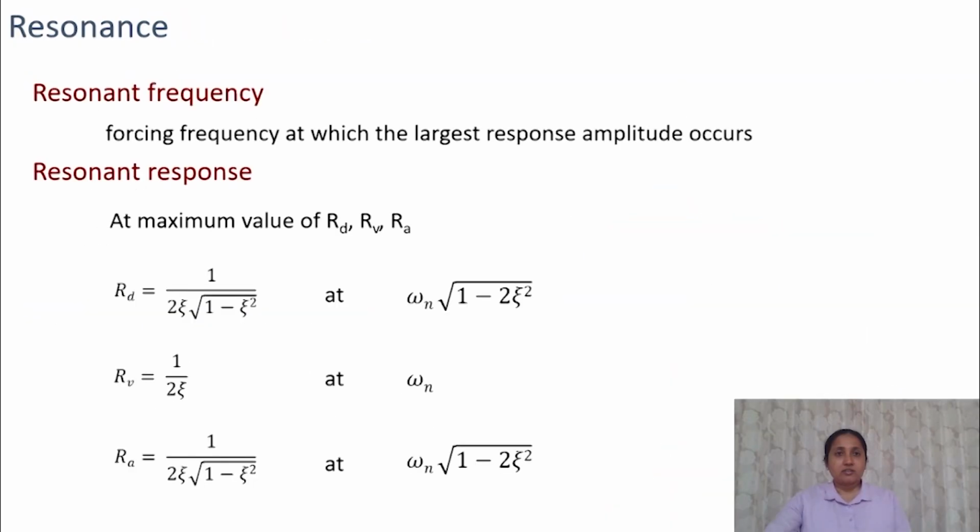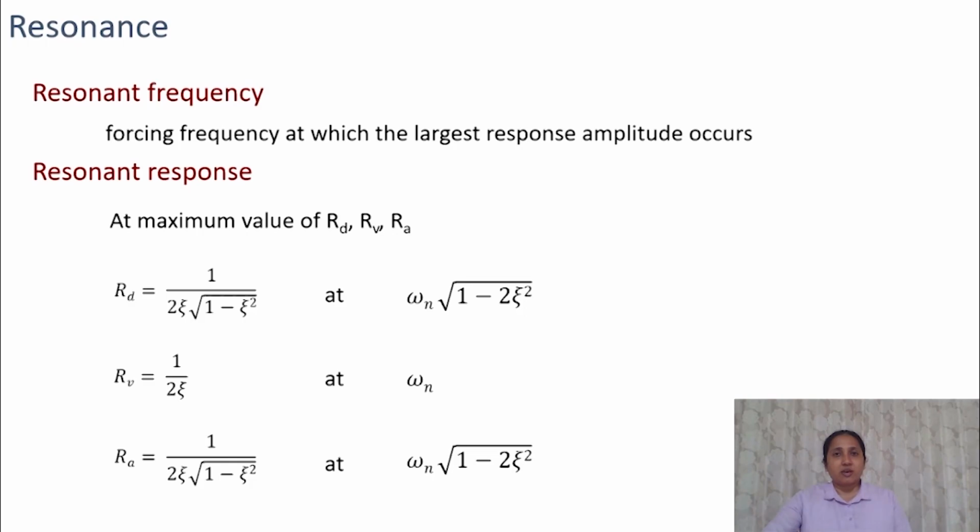Now let's understand resonance in damped systems. In undamped systems, we have seen that at resonance, the response becomes unbounded. The response increases in each cycle, and that happened when the forcing frequency is equal to the natural frequency. In damped systems, the response would never be unbounded.